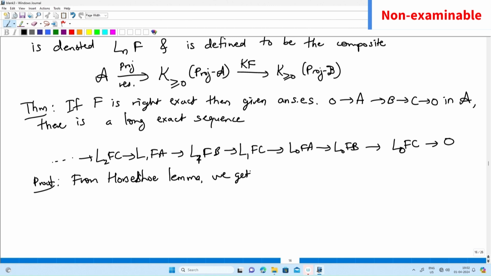We get an SES 0 P. Q. R. 0 in K_{≥ 0} proj A. Okay, if f is right exact, then actually it will preserve that 0. If f is not right exact, then there won't be any last 0.